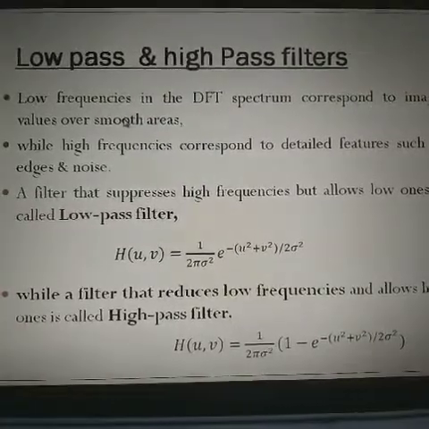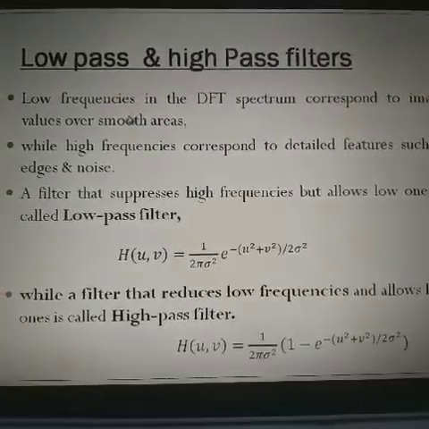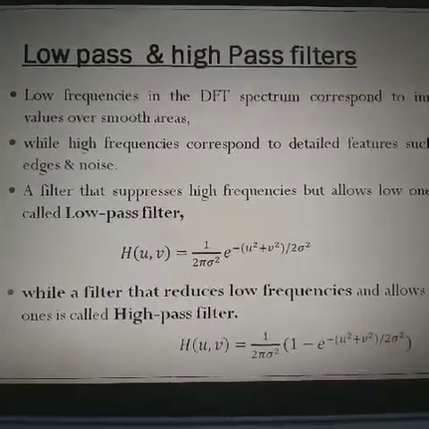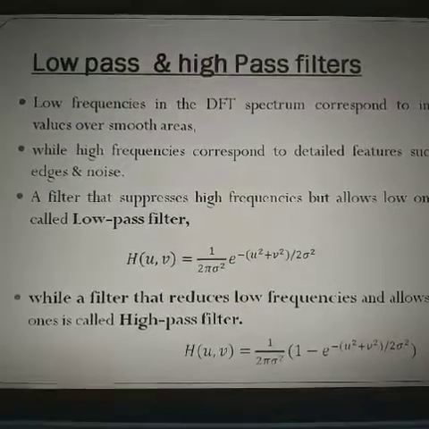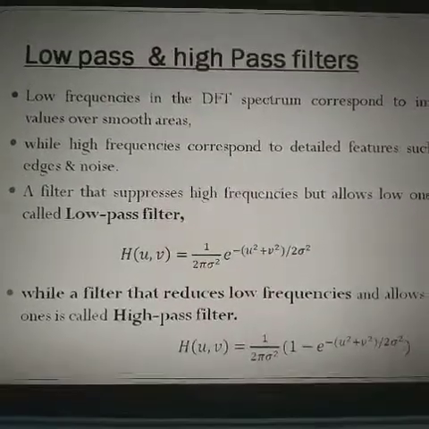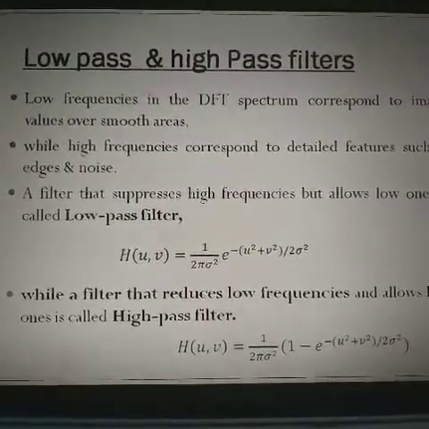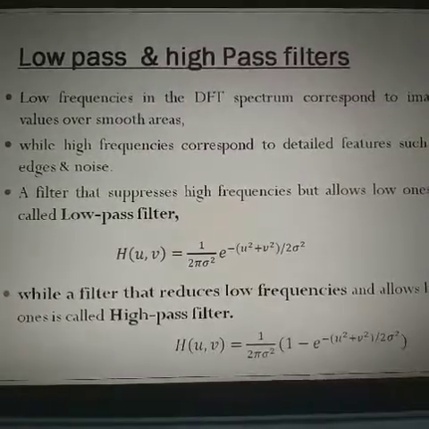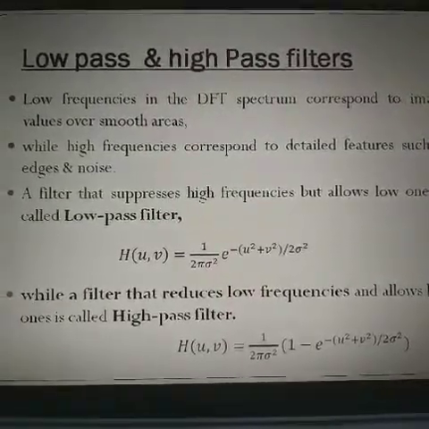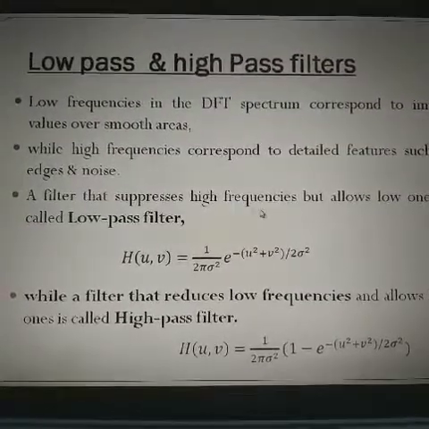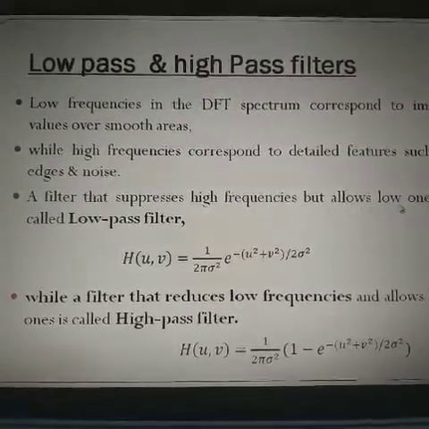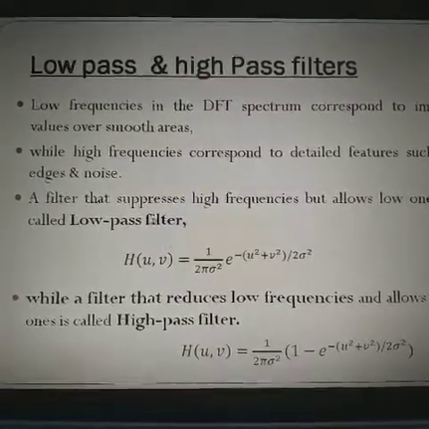What are the low pass filters? The low frequency values in the DFT spectrum represent the image values over smooth areas, while the high frequencies correspond to the detailed features like edges and noise values. A filter that suppresses the high frequencies but allows the low ones is called the low pass filter.